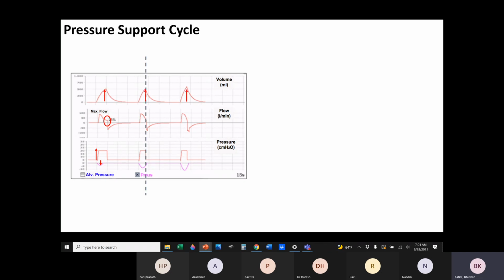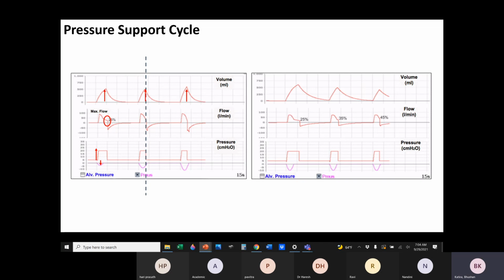So if you want the patient to do all the work, all you need is to go to pressure support, let the patient breathe, and gradually reduce the pressure support as much as possible, so that you can see the patient's native work of breathing on that CPAP level. Okay.